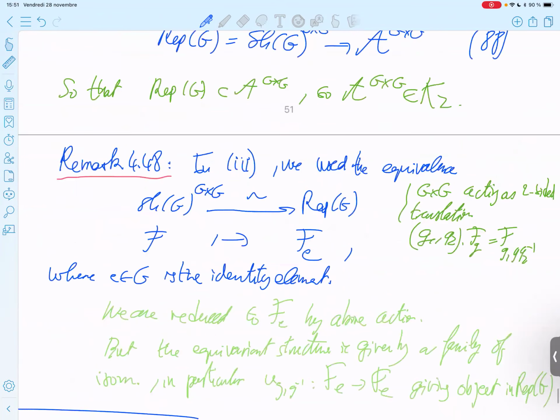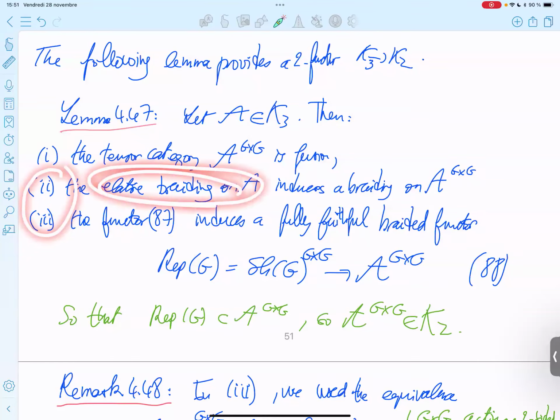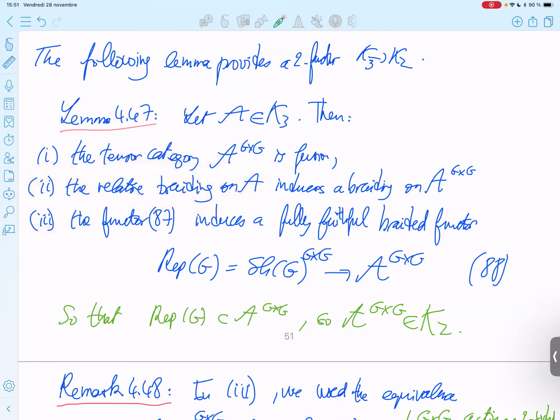So these two points, in fact, are immediate because remember the relative braiding here is defined by some hexagon axiom. So when you consider, this is the same argument we said before, the G equivariant object, then you have a true braiding.